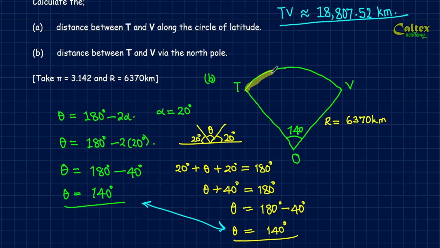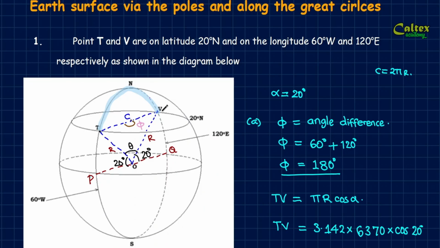Remember, our distance is this one. And we also know that our N, as the North Pole, is somewhere here. The question says through the North Pole, and our pole, of course, lies up there, as you can see from the diagram. So this is TNV.